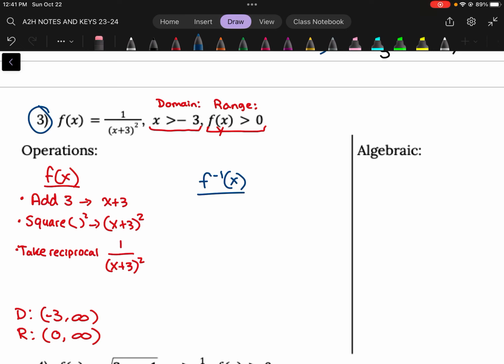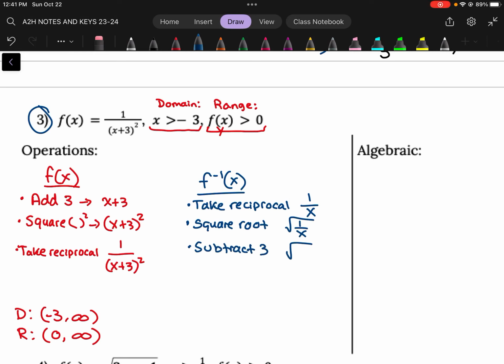So taking the reciprocal of something is its own inverse. So when I build this, the first thing I'm going to do is take the reciprocal. It's its own inverse function, so that becomes 1 over x. Then I square root. Then I subtract 3.